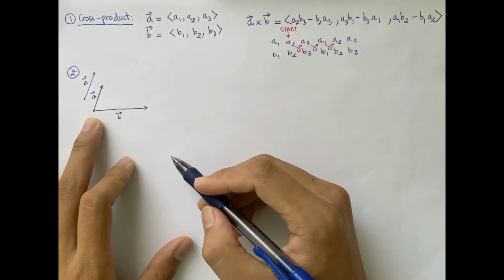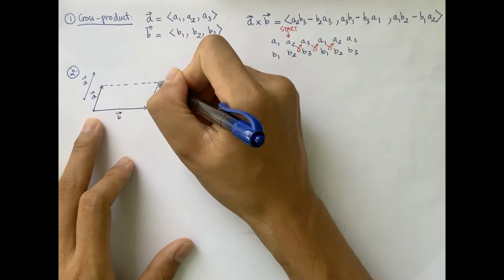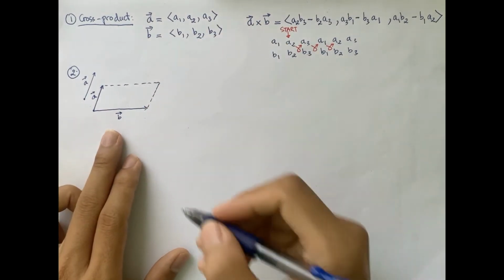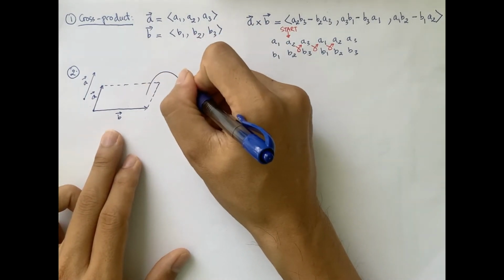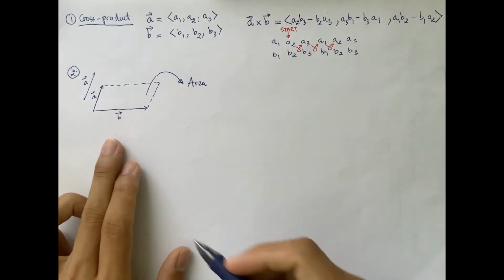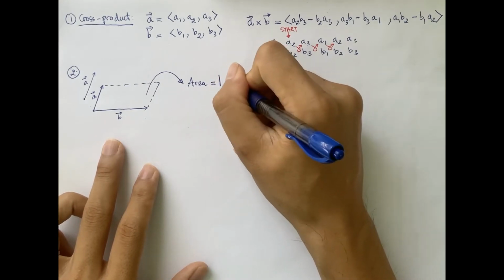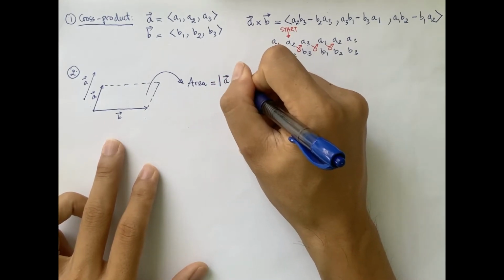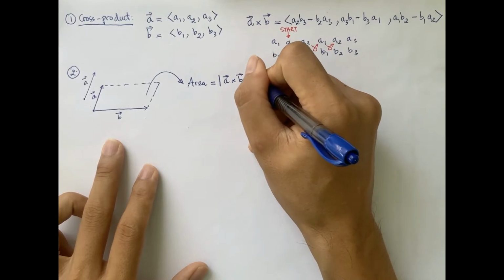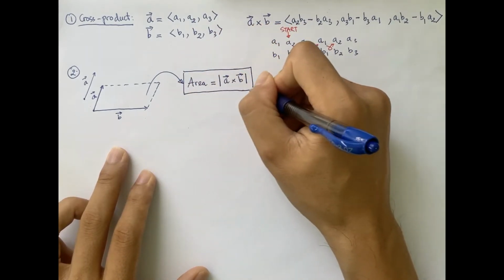Now the parallelogram determined by A and B is this one. And surprisingly, the area of this parallelogram is equal to the length of the cross product of A and B. This is the first thing that I would like you to remember.